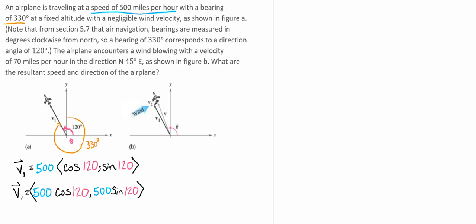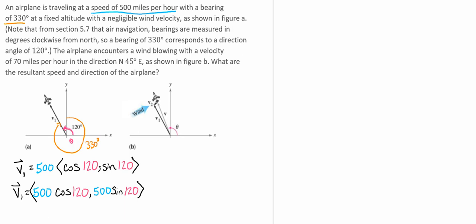So our first vector is 500 times the cosine of 120, comma 500 times the sine of 120. Before we simplify that any further, let's look at the rest of our problem.